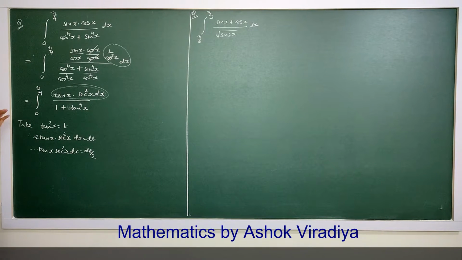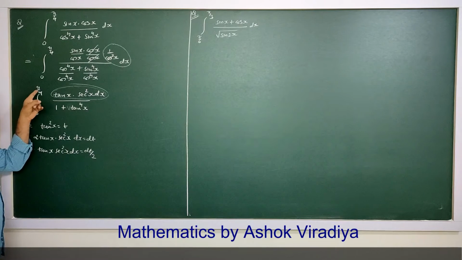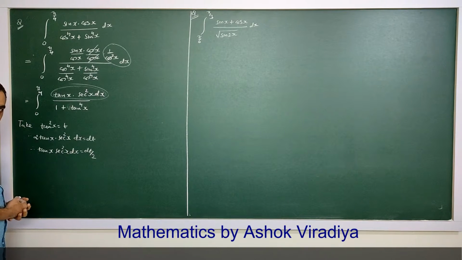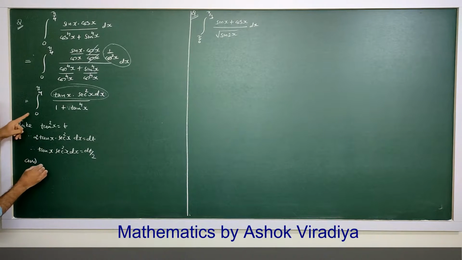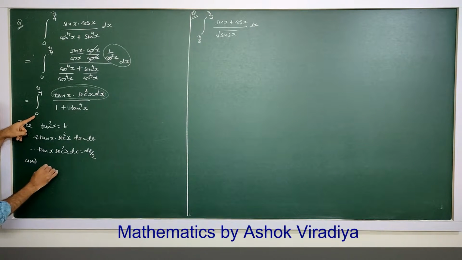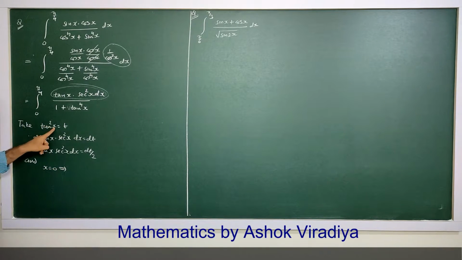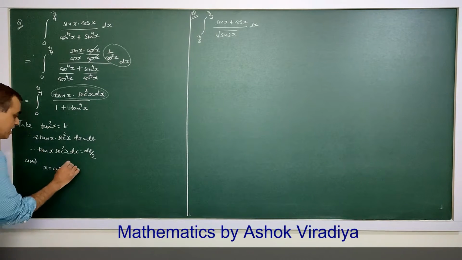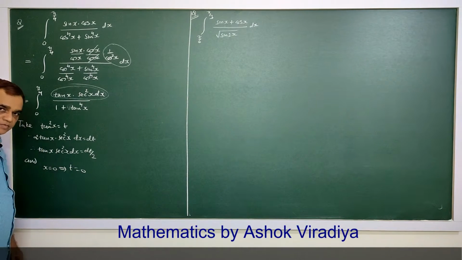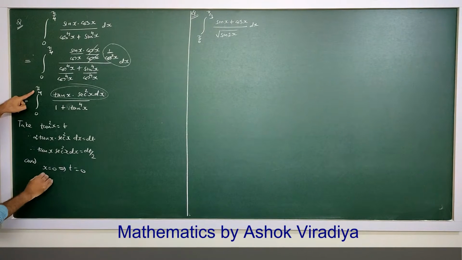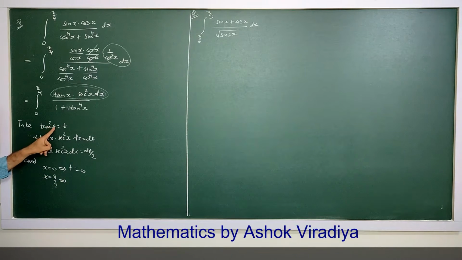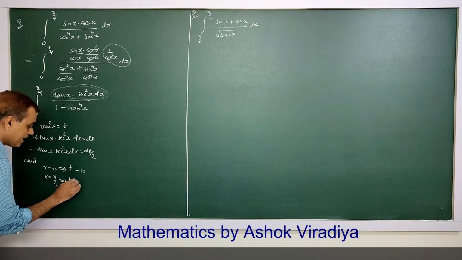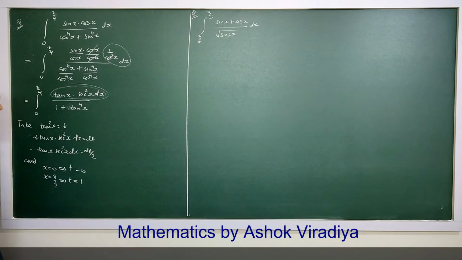And when we change a variable, the limit should be changed. Now changing the limit, when x is 0, put here 0, t is 0. And when x is pi by 4, put here pi by 4. So t is tan square pi by 4 and tan pi by 4 is 1.